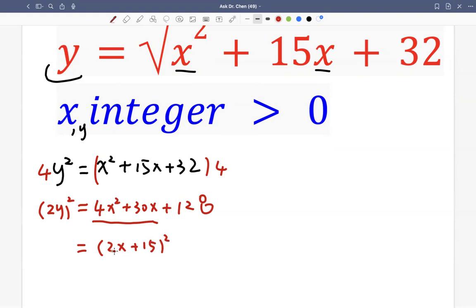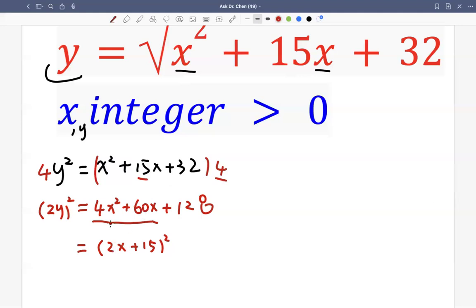In this case, when we do the middle term, we get 2 times 15, that's 30, then multiply by 2, that should be 60. Oh, I did it wrong. 4 times 15 does give us 60, not 30. I wrote it wrong. This should be 60, because 15 times 4 is 60.